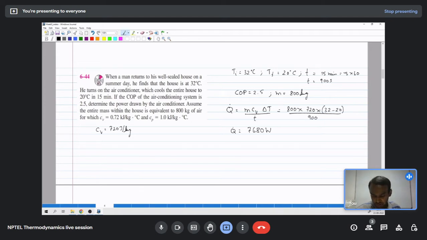Now COP is given, we need to find the power that is drawn by the air conditioner. So COP is Q dot by work input, which means work input is Q dot by COP, which is 7680 divided by 2.5.